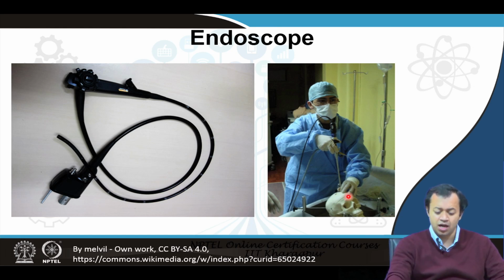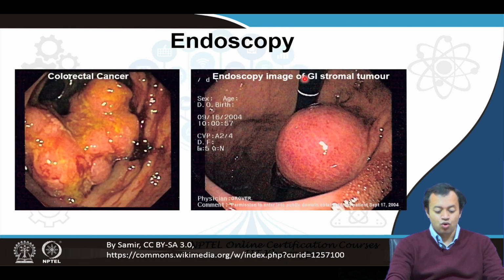This gentleman is learning how to use an endoscope by trying to put it inside the skull. We actually do not do that, but let him do whatsoever he wants. At least this is not a real person.